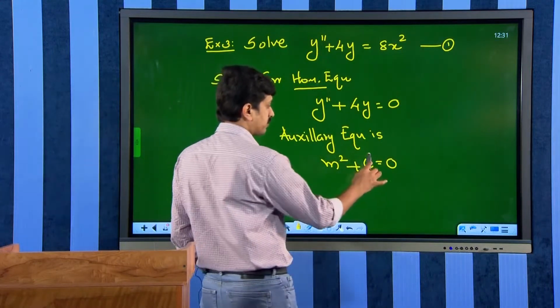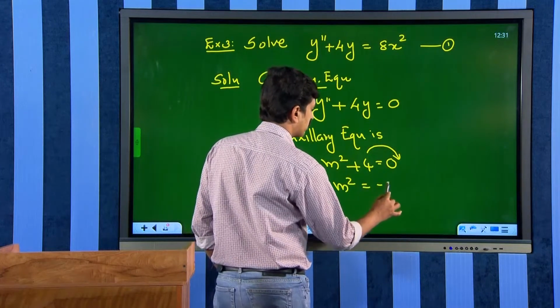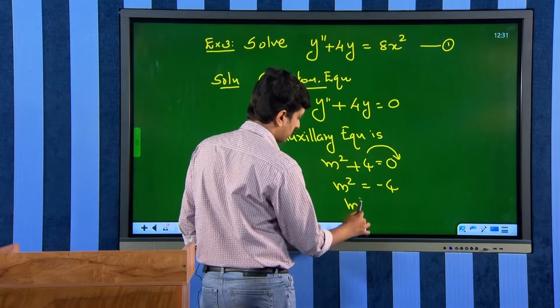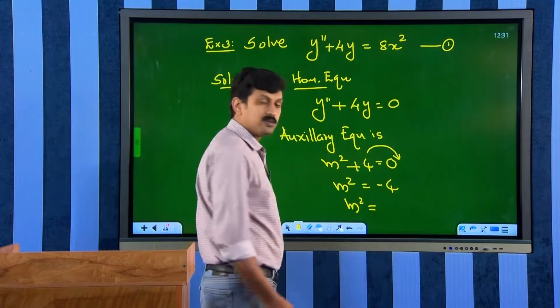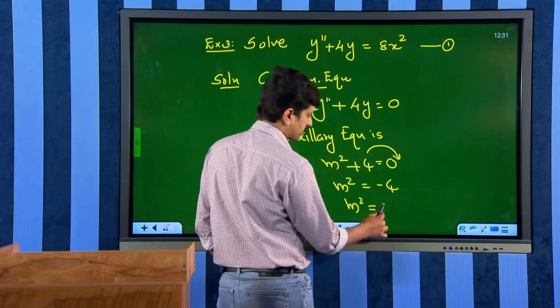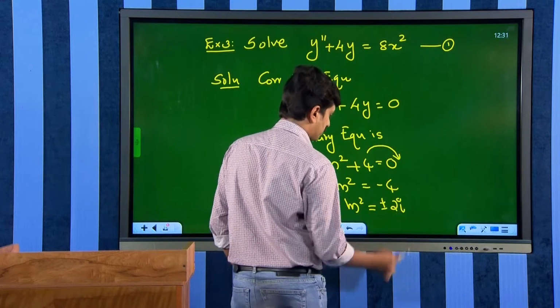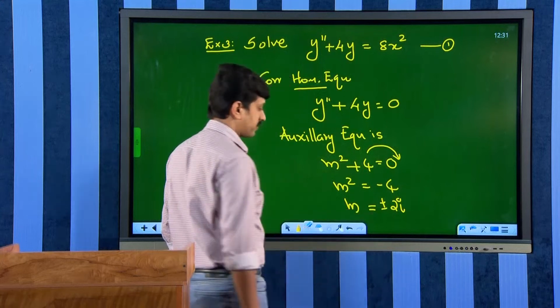We can take this plus 4 to the other side, therefore m square is equal to minus 4, which means m is equal to square root of minus 4, that is plus or minus 2i. Fine.